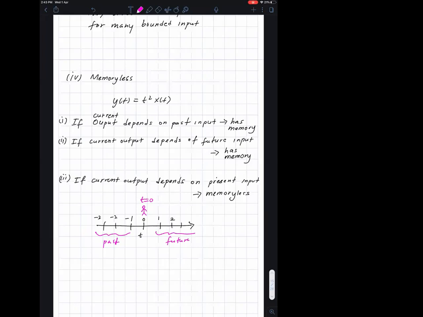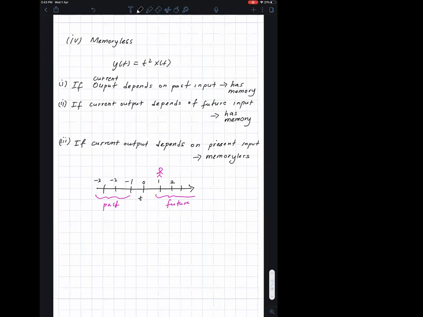So let's say I am standing at 1, and my current output at t equals 1 is equal to x of 1. Now you can see very clearly your current output depends on present input.